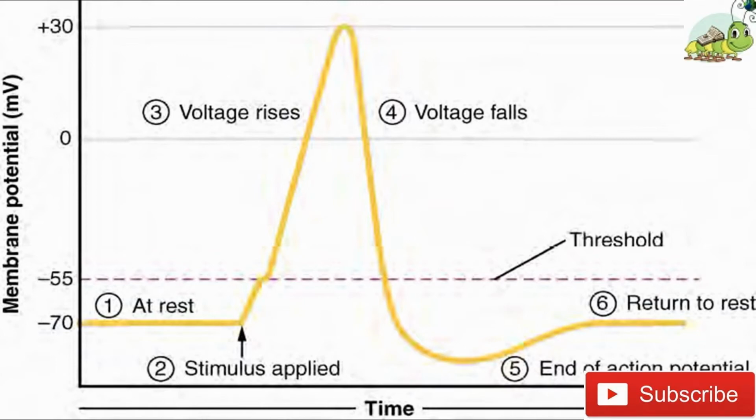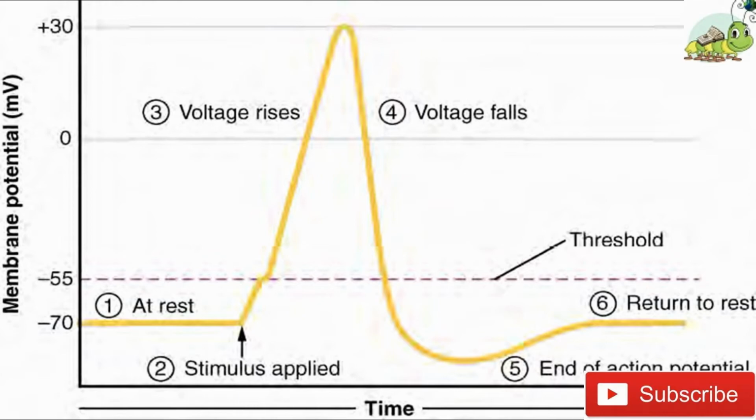If depolarization reaches -55 mV, then the action potential continues and runs all the way to +30 mV, at which point potassium causes repolarization, including the hyperpolarization overshoot. Also, those changes are the same for every action potential, which means that once the threshold is reached, the exact same thing happens.